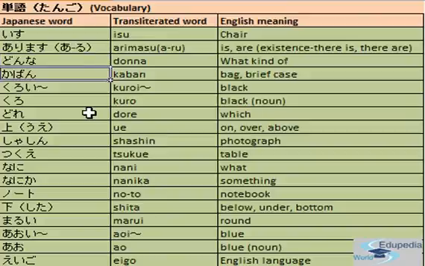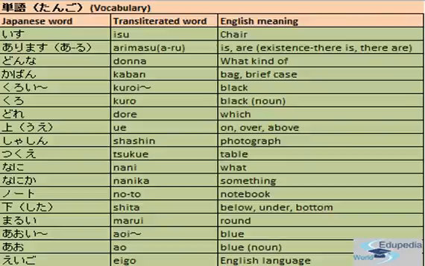The next word is kaban. Kaban meaning bag or briefcase. The next word is kuroi. Kuroi meaning black. The next word is kuro.